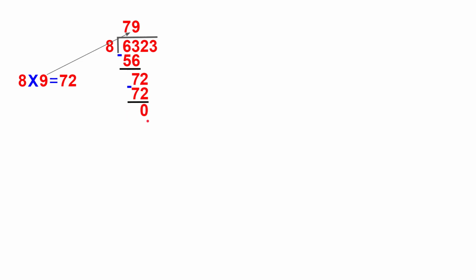Now 0 is smaller than 8, so we need to get help. We take the next digit, that's 3. But we have a problem. 3 is smaller than 8. So I told you in the beginning of this lesson that if you take down a number from the dividend and put it here, and it's still not good enough for you, you place a 0 here and take down the next digit, but there is no next digit.